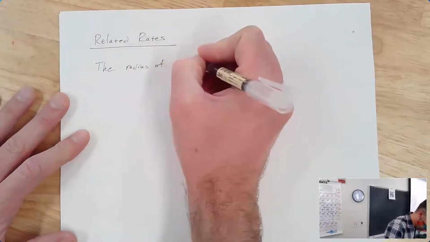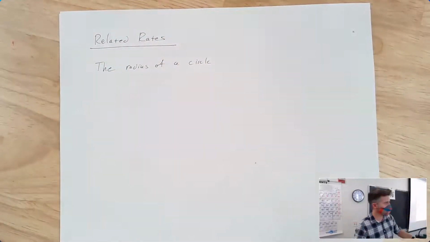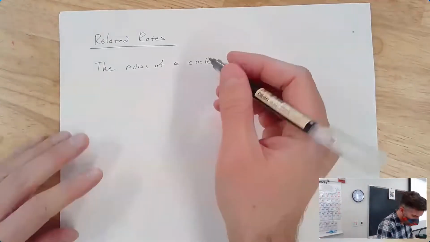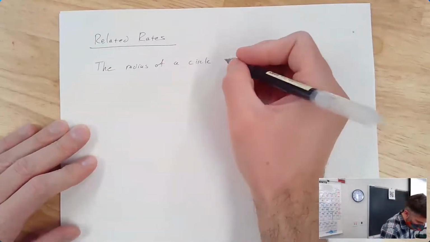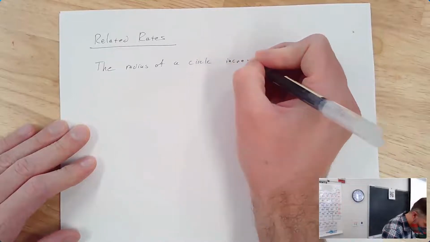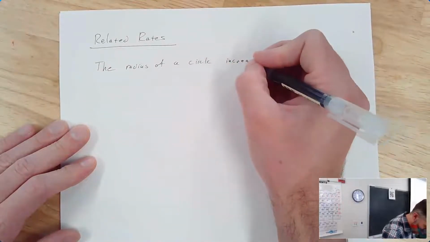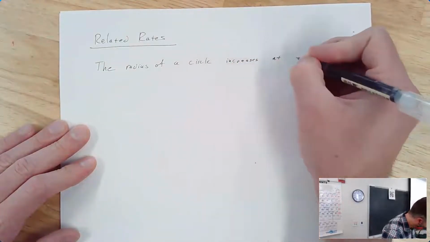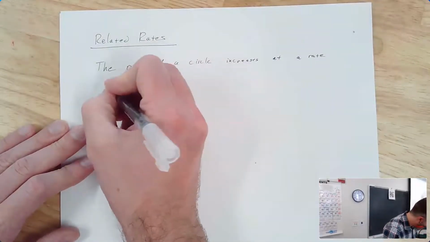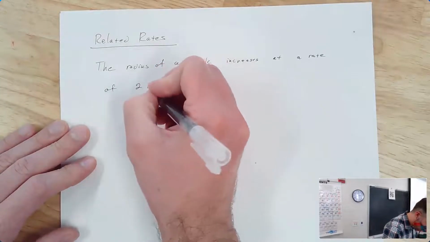of a circle. I think about throwing a stone in a pond, ripples. Ripples get bigger as time goes on. I'm going to say the radius of those circular ripples increases at a rate of 2 inches per second.